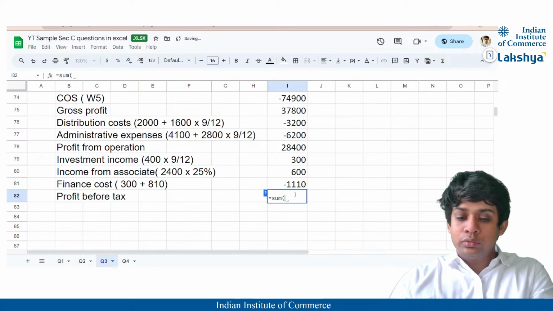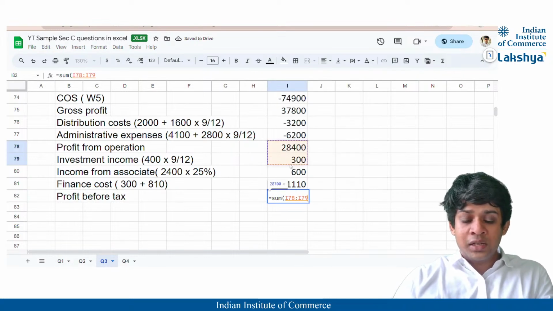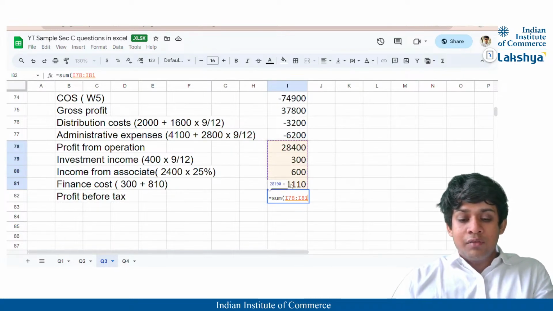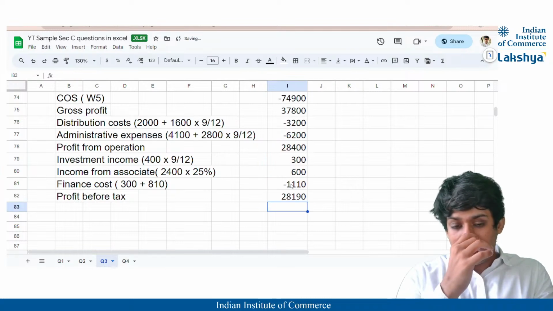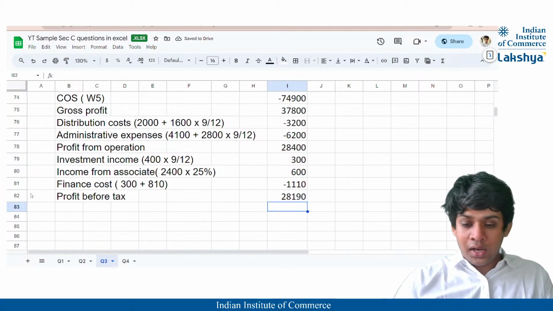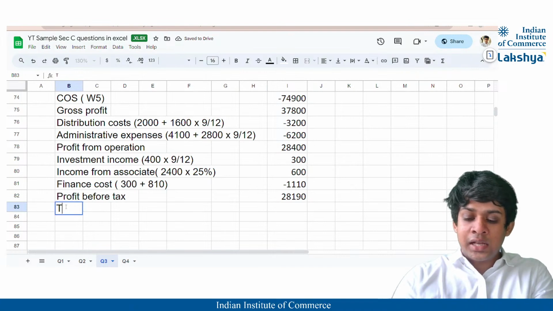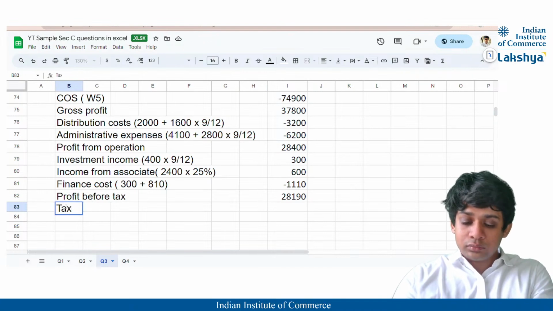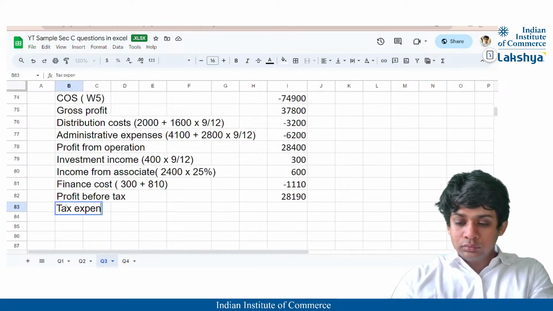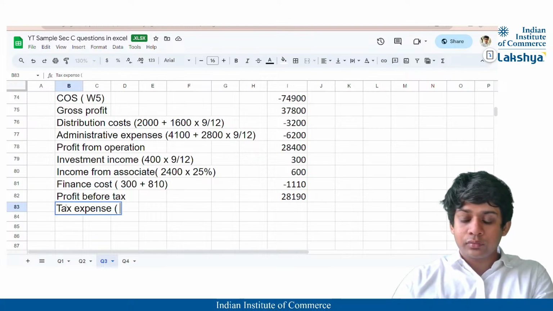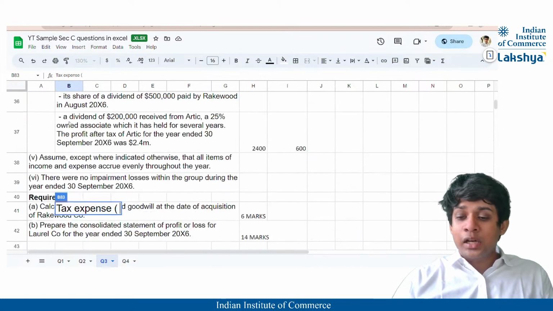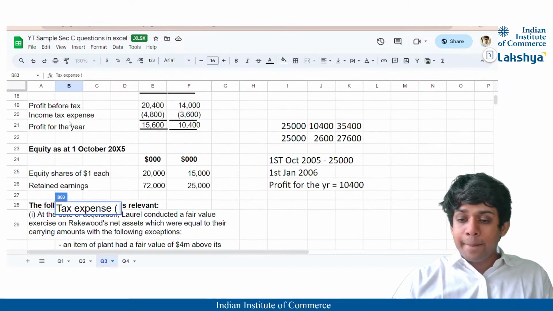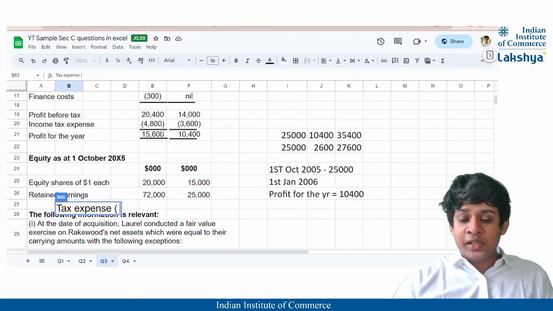and thus we get from this our profit before tax to be equal to nothing but 28,400 plus 300 plus 600 minus 1,110. That is 28,190. Right? Now we'll charge the tax expense. So the tax expense is how much, guys? You can see your income tax expense 4,800 and 3,600.